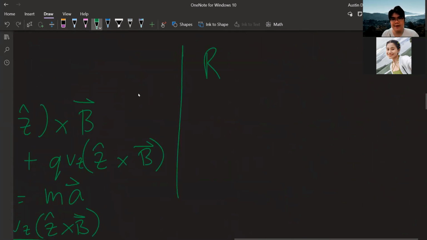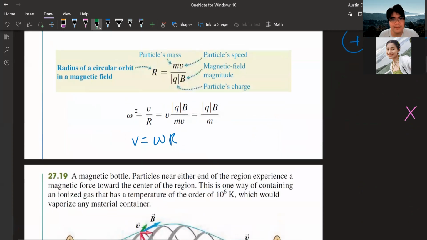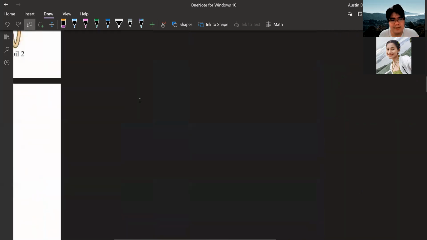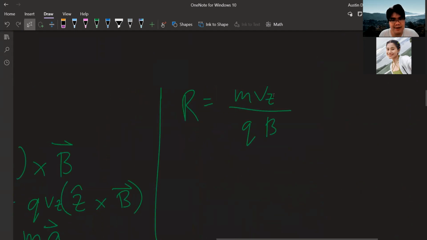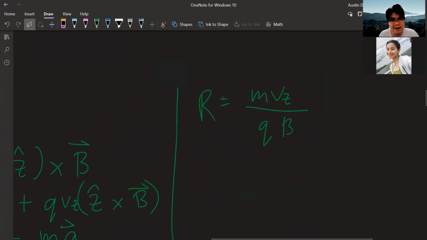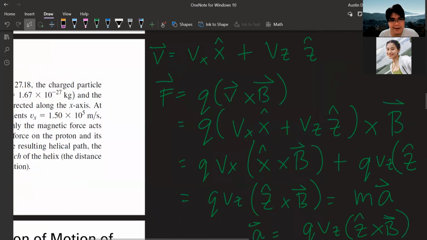Okay, R is m Vz over QB. Diba? Okay, bakit si Vz lang yung ginamit? Si Vz lang kasi yung nakaka-apekto sa circular motion ng bagay natin. Okay?